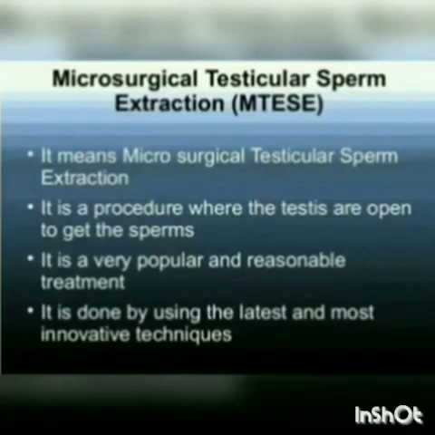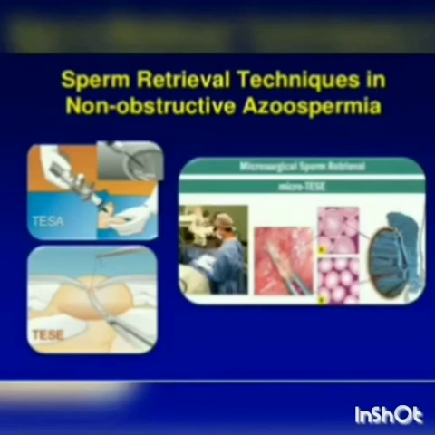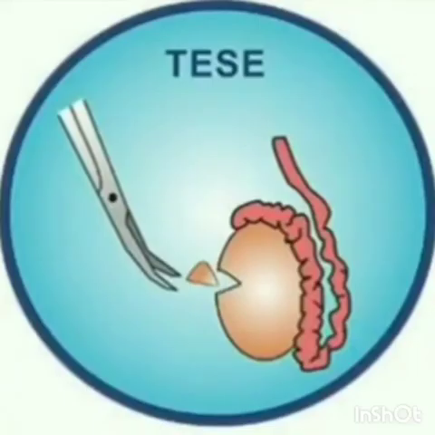Microtesticular sperm extraction: microsurgical sperm retrieval from the testicles involves a small midline incision in the scrotum. The scrotum is present outside the abdominal cavity, where the testis lies. A small incision is made in the scrotum, and you can see one or both testes inside it.